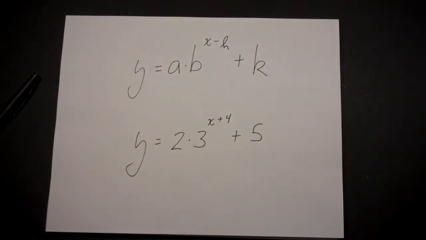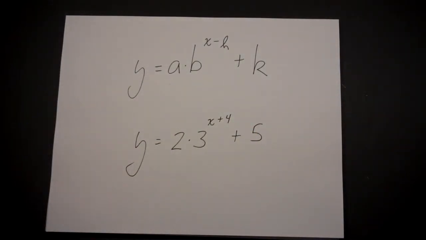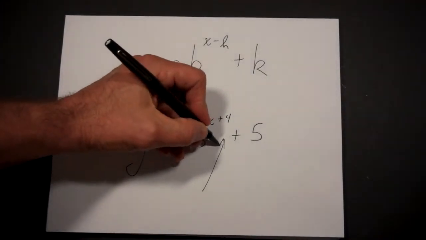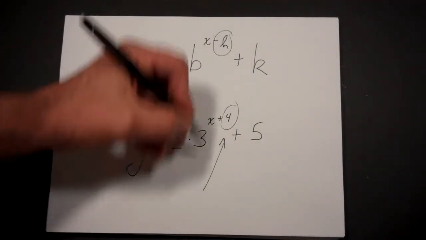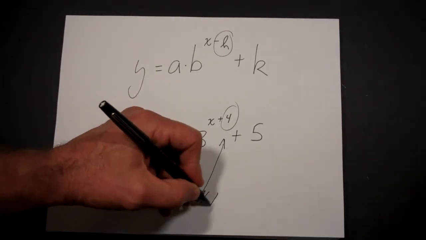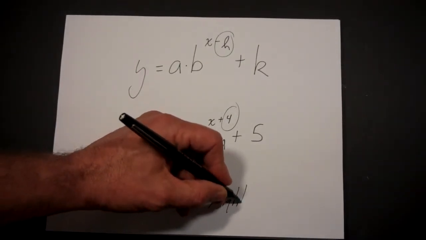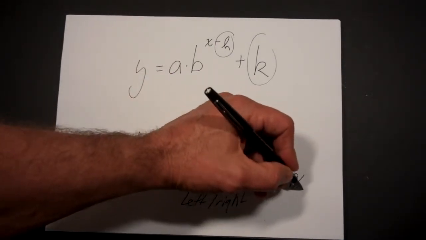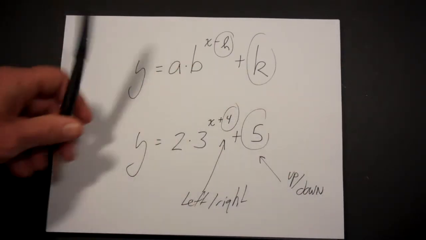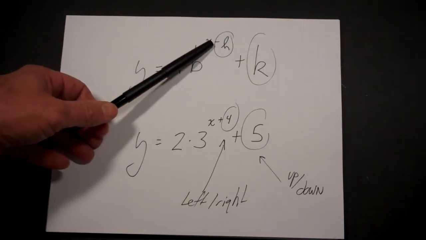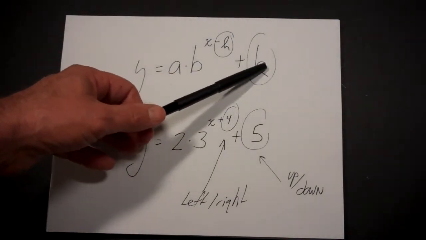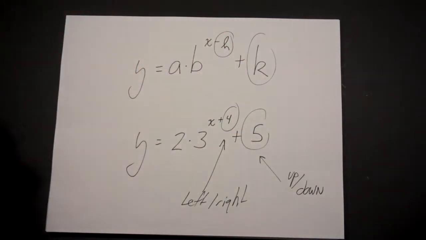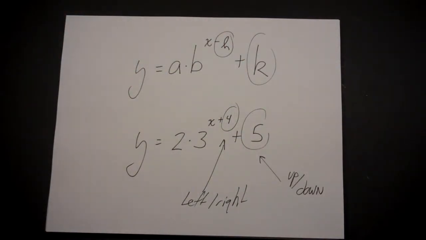And this works just like how you graph other functions, where the h moves it left and right, and the k moves it up and down. So the h moves it left and right, and the k moves it up and down. The h changes signs, but the k does not. That's the first key thing to remember.